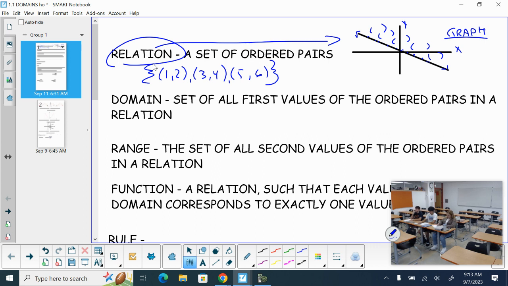Okay, the domain. Domain is defined to us as a set of all first values of the ordered pairs of the relation. Most of the time in the algebraic world, the first values of the ordered pairs are typically x. But it can be anything that you want that's going to be the first value of the ordered pair of the relation. It's going to be your horizontal axis variable.